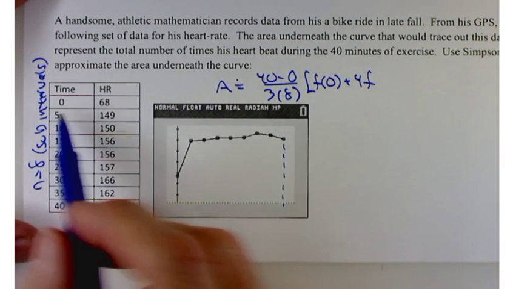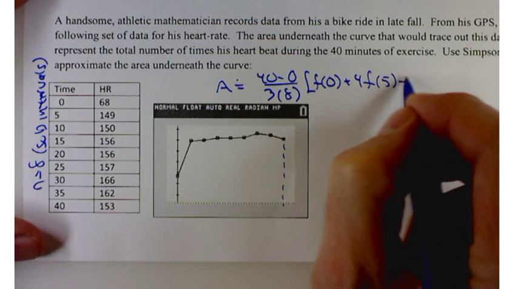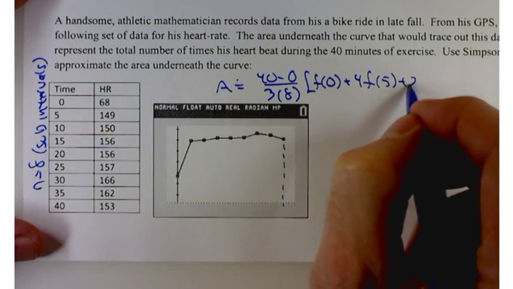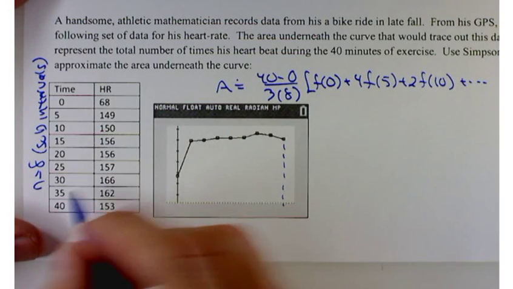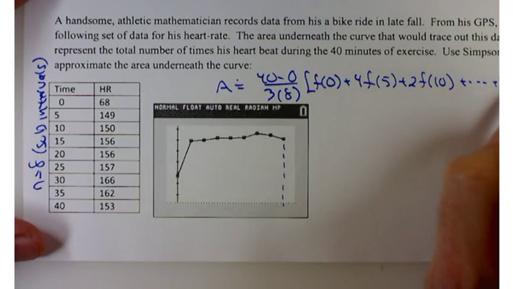F of 5. And then 2 times f of 10, all the way down to 4 times f of 35 plus f of 40.